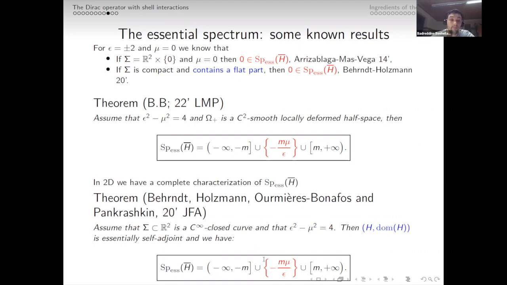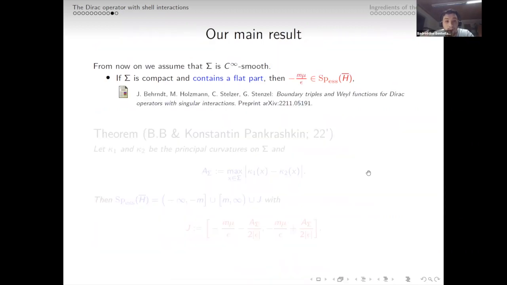All right. So up to now, one may ask what happens for a general compact surface, at least in the smooth case. Before I state our main result, I would like to mention a result that appeared one week before ours by Behrndt, Holzmann, and their student.